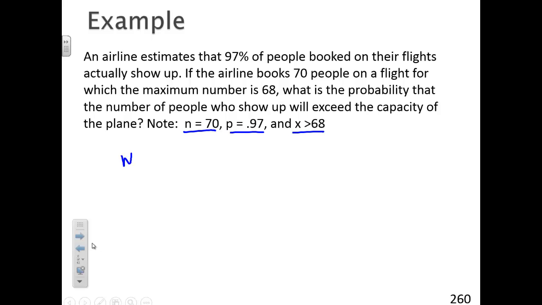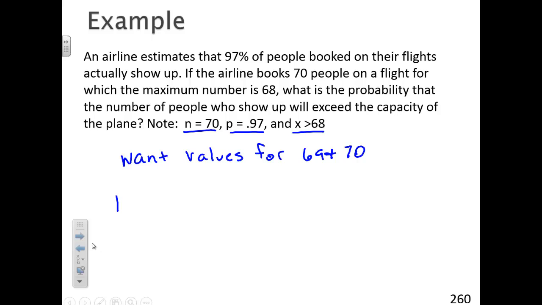So we need to add together the values for 69 and 70. However, the calculator won't add 69 and 70 for you. If you put in 69 as your x, it's going to give you the values for 0 all the way up to 69. If you put in 70 for your x, it's going to give you the values for 0 added all the way up to 70. You don't want that.